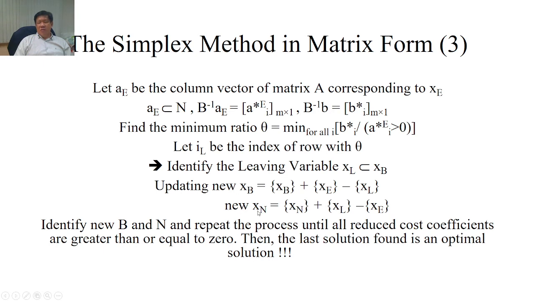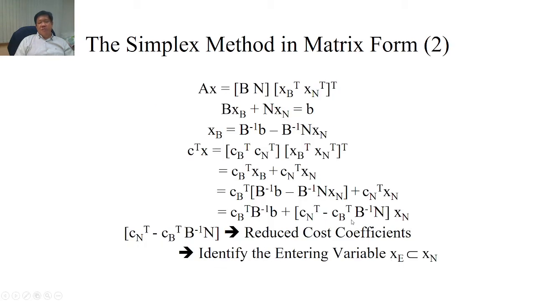With this update, you'll be able to identify the new submatrix B and submatrix N, and then you can repeat the process until all reduced cost coefficients are greater than or equal to 0. We have to go back to this one, the reduced cost coefficient.